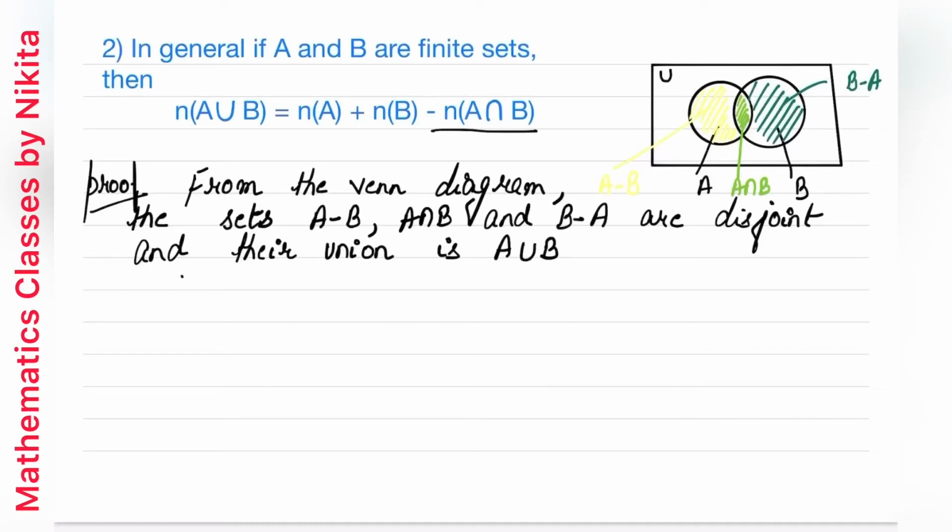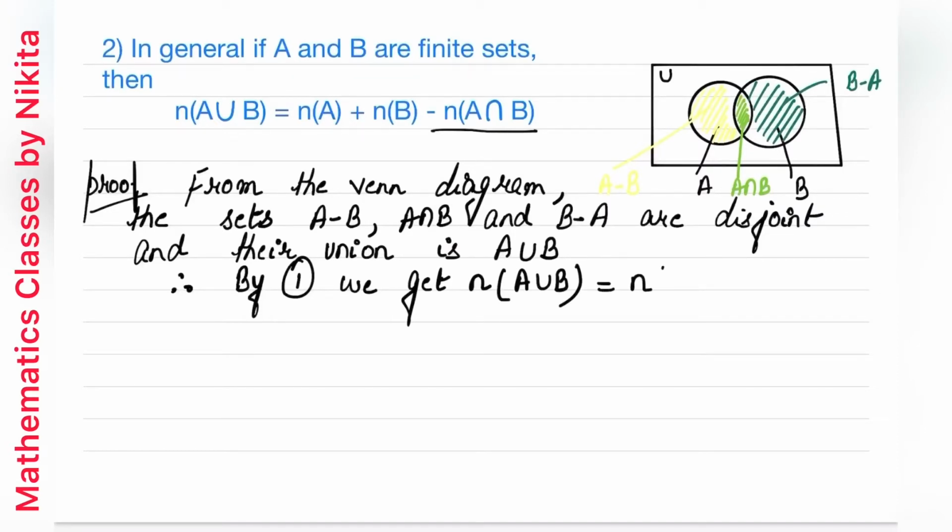So therefore by 1, the previous formula, we get that the number of elements in A union B is equal to the number of elements in A minus B plus the number of elements in A intersection B plus the number of elements in B minus A. Okay, but still my formula doesn't look like what I have to prove.